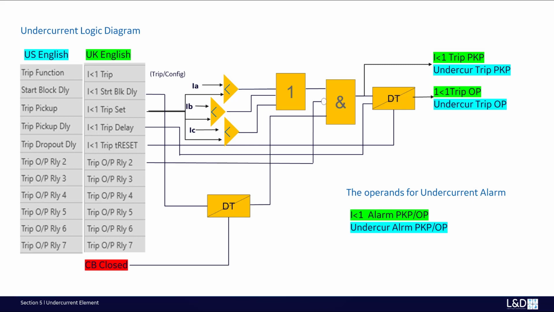In US English, they are Undercurrent, UNDER CUR in one word, then Trip PKP and Trip OP.